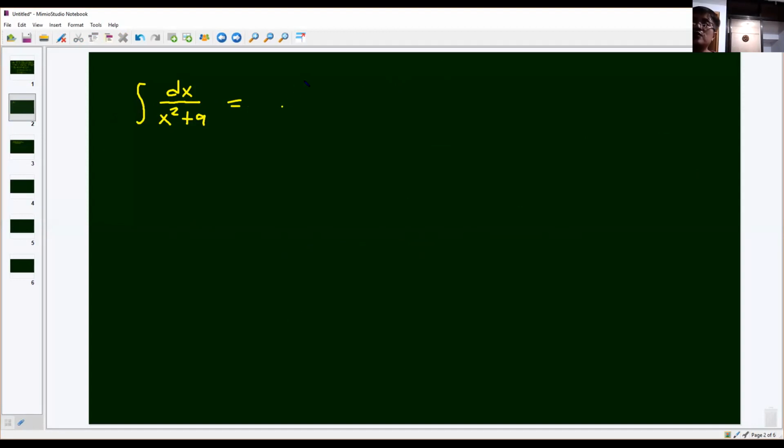So na-notice nyo, this is of the integrable form du over u squared plus a squared, which will give the inverse of tangent, which is 1 over a arctan u over a plus c. So yun, para ma-familiarize agad. So u is x, of course.